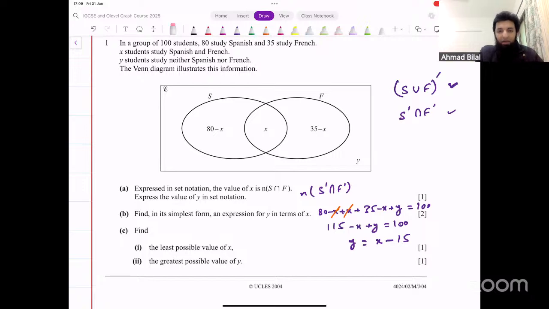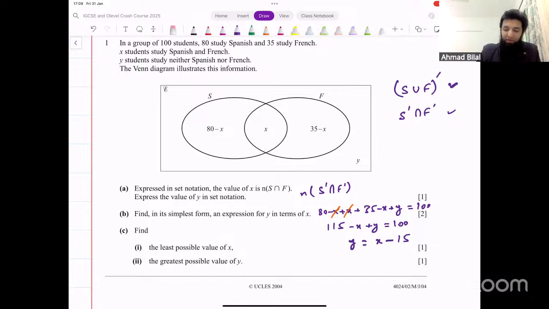Okay. Now, these are the tricky parts in such questions. Find the least possible value of X and the greatest possible value of Y. How can you find these values now?